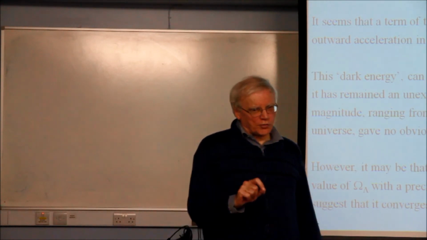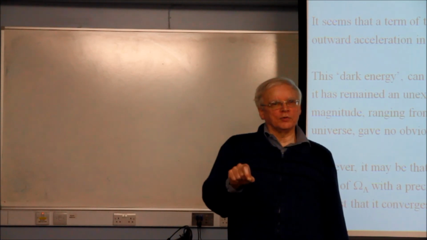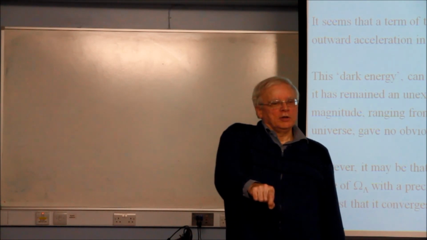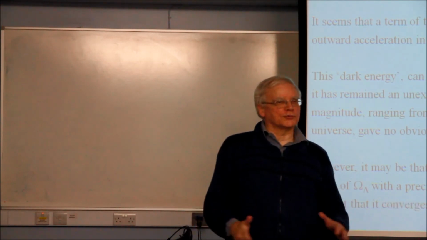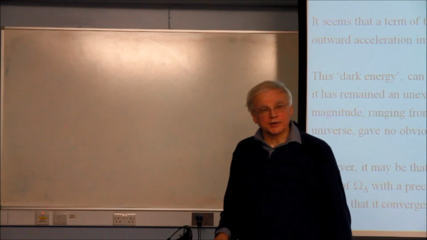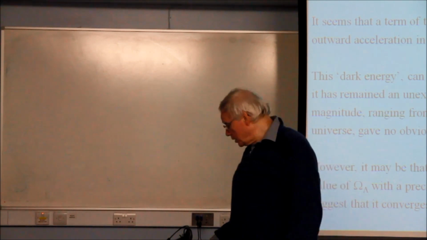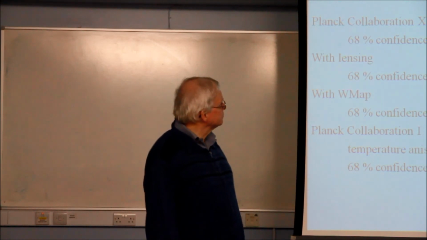And if it's got that, then if we find new data, we may find it converging on this value, just as the omega in total converged on the value of 1. The first value was a lot varied from 1, it was plus or minus about 10%. So let's have a look to see what the value now stands at.